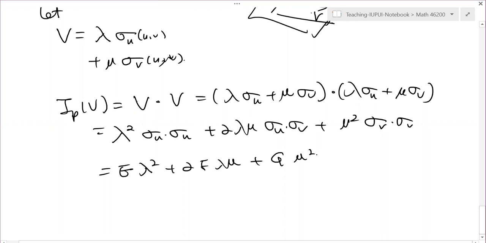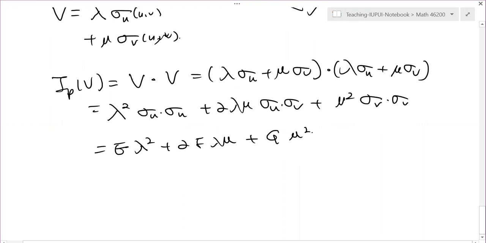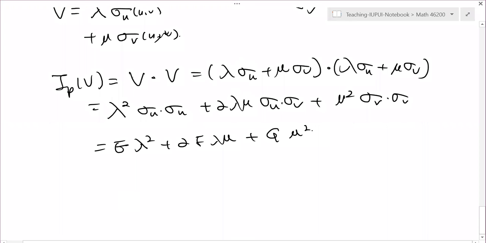And you can use that to compute the length of the curve, just the square root of that. So let's take a look at some examples.